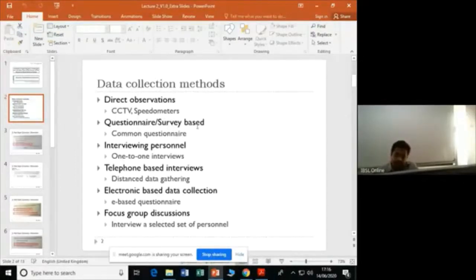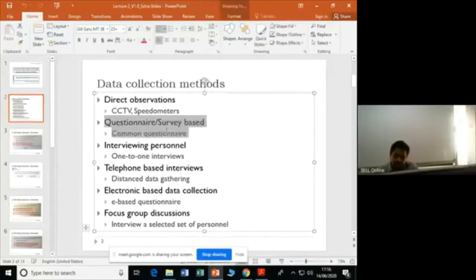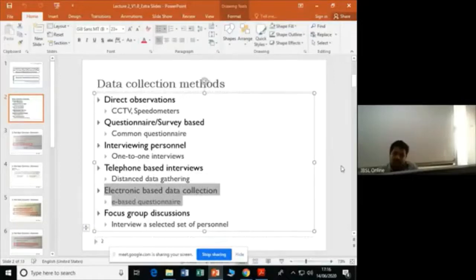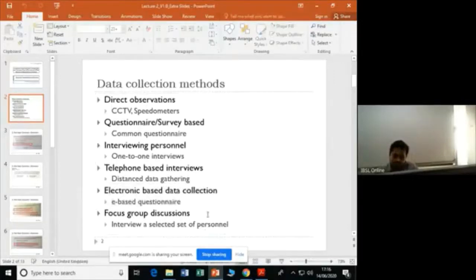Questionnaires and surveys. It could be common questionnaires in one aspect, or it could be electronic based data collection, based on electronic surveys that we mostly see these days. Again, you could interview some person, one-to-one interviews. You could do some telephone based interviews also, for distance data gathering.